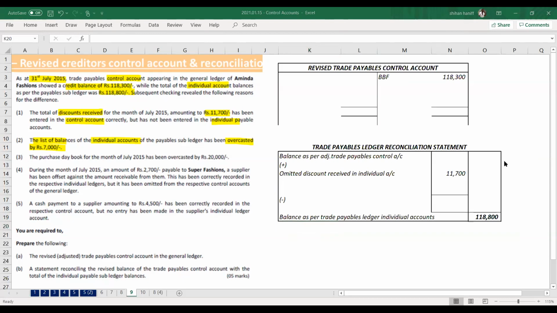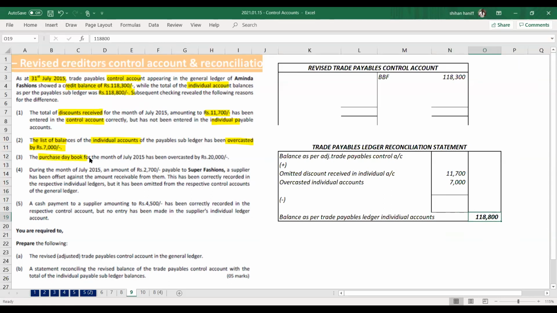It's plus because the individual account balance is more. Overcasted individual accounts. Individual balance is more. Then we add.